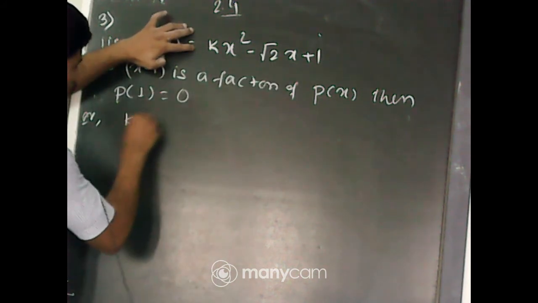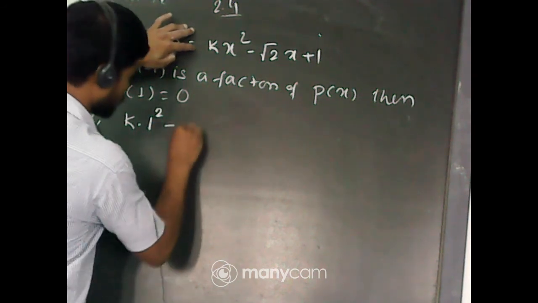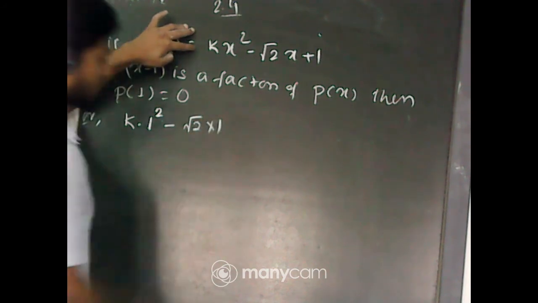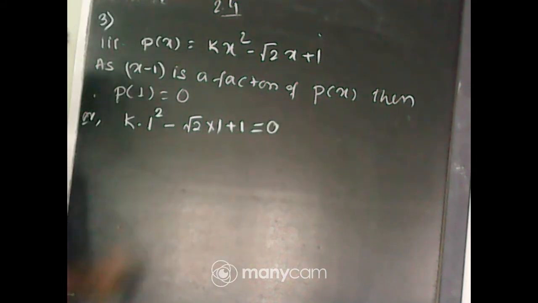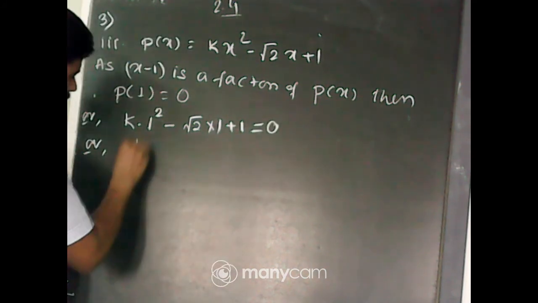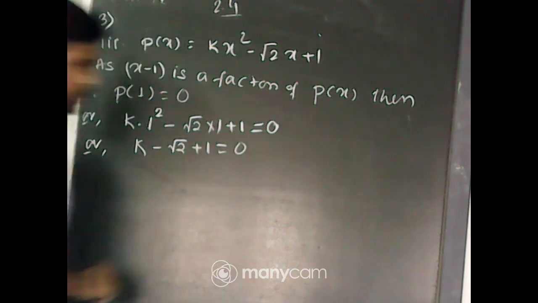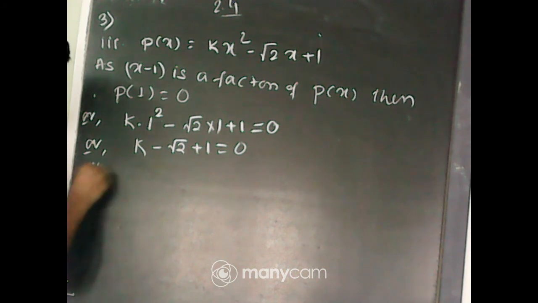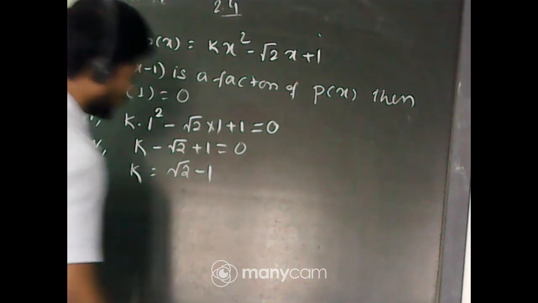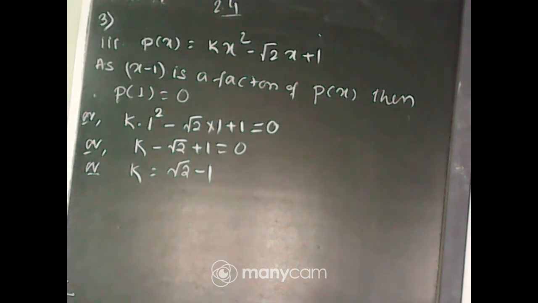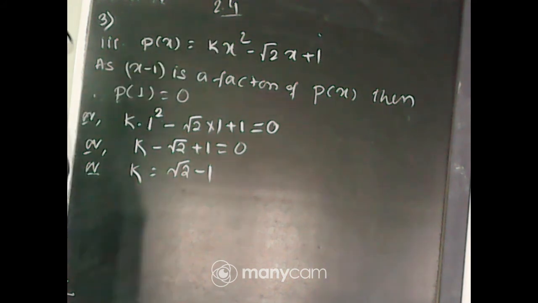So k into 1 square, minus root 2 into 1, plus 1, that is equal to 0, which implies k minus root 2 plus 1 is equal to 0, or k equals root 2 minus 1. That means the value of k is root 2 minus 1, for which x minus 1 is a factor of the polynomial.